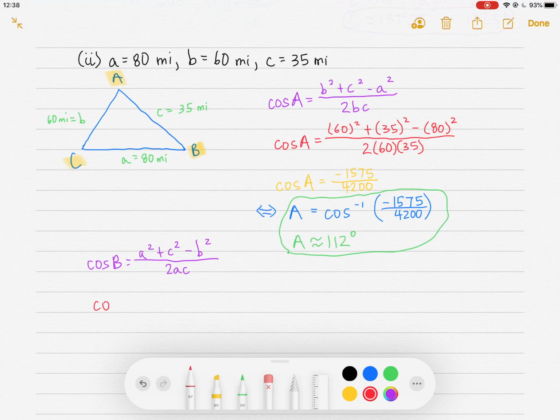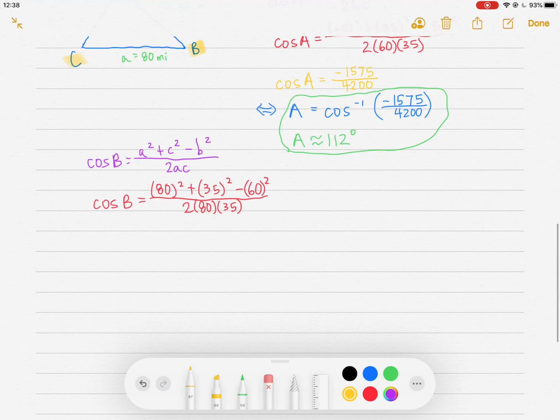And cosine of big B is equal to our 80 squared plus our 35 squared minus the 60 squared, all divided by 2 times 80 times 35.